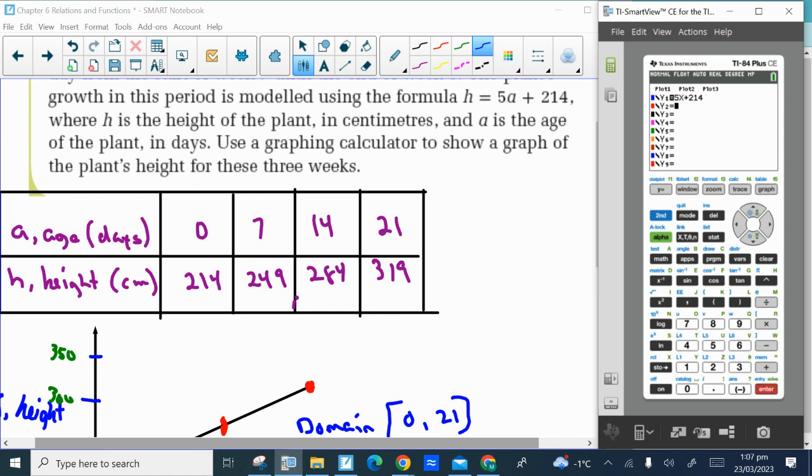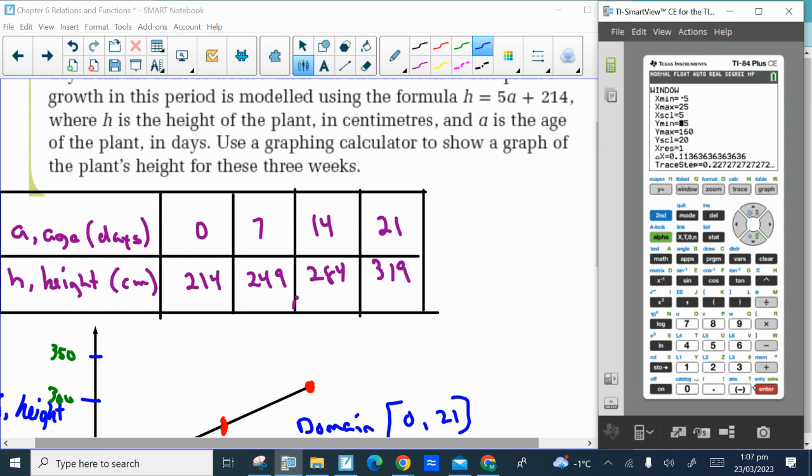My window is going to change a little bit. Right beside the y equals button is your window button. I can start at -5, no problem, but I only need to go up a little past 21 for my maximum, so maybe I'll change that to 25. And a scale of 5 is fine.